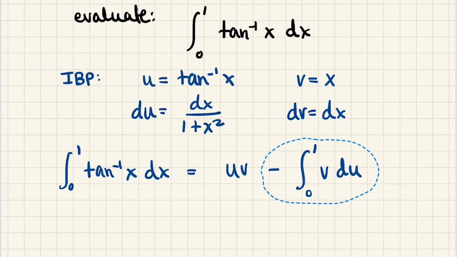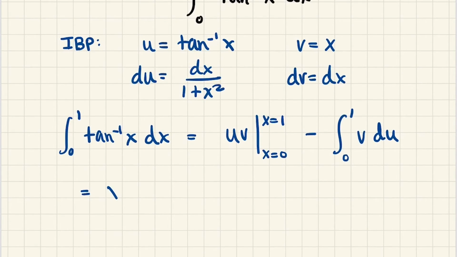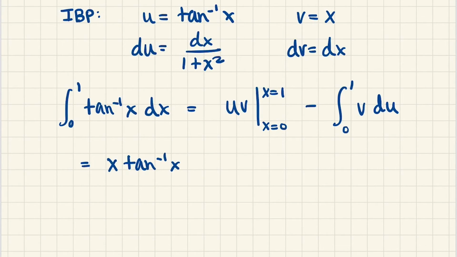But there's a little bit more going on. Let's move this guy over here. Because the u times v, if we just leave it on its own, that's going to be x inverse tan x, and that's not right. This needs to be a number. It's outside the integral. So for that part, we actually evaluate at the bounds of the integral, 0 to 1. So what is this going to look like? Well, u times v is x inverse tangent of x, evaluated from 0 to 1, minus the integral from 0 to 1 of v du.